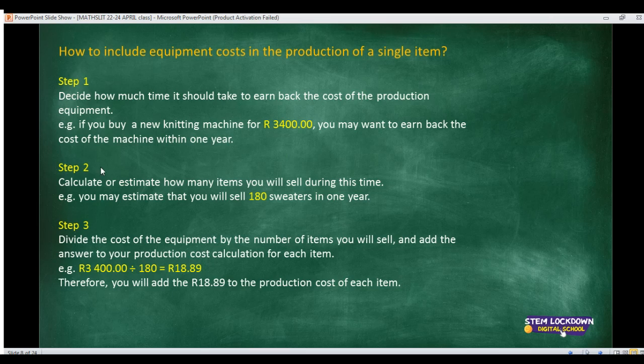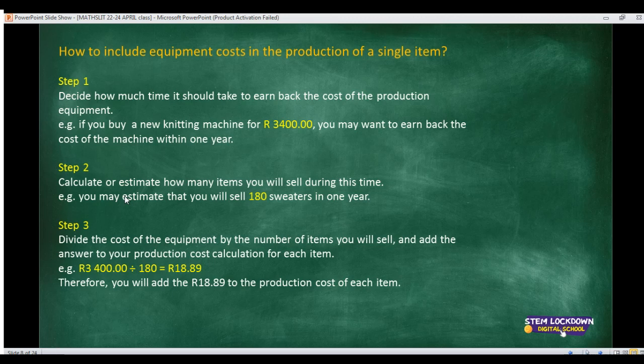Step 2, calculate or estimate how many items you will sell during this time. Typically you do your research obviously before you get into any business. You don't just jump into business. You do your research and you understand the markets and you understand how everything works. Then you are able to make educated guesses, or you're able to make proper planning.